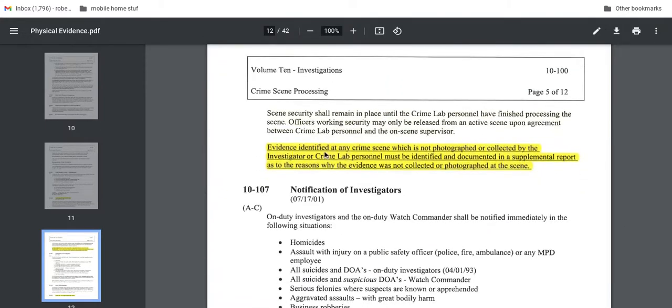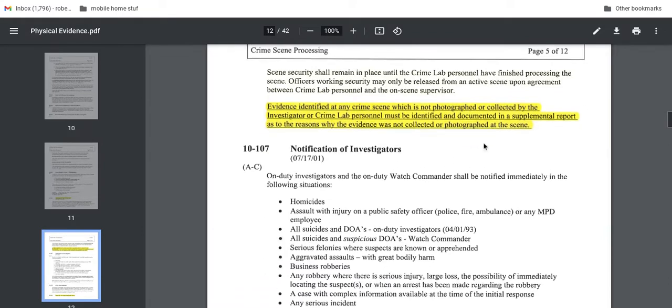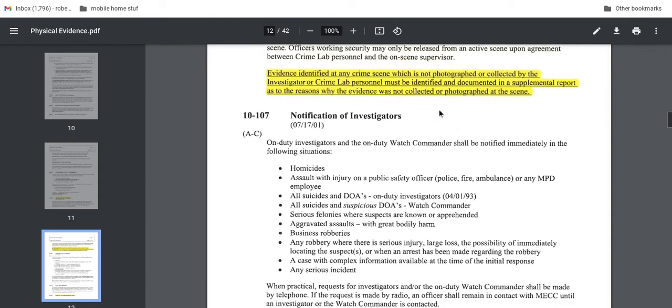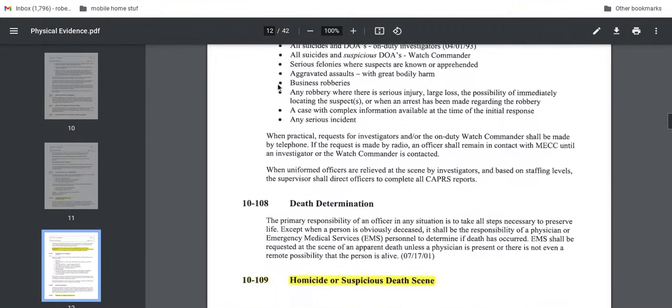Okay, evidence identified at any crime scene which is not photographed or collected by the investigator or crime lab personnel must be identified and documented in a supplemental report as to the reasons why it was not collected or photographed at the scene. The investigator still has to log that he found it and where he found it, though.